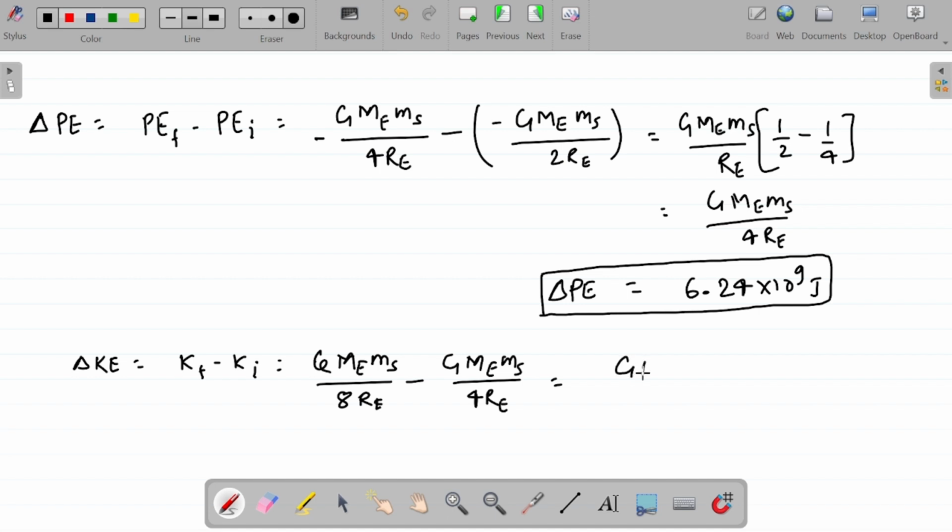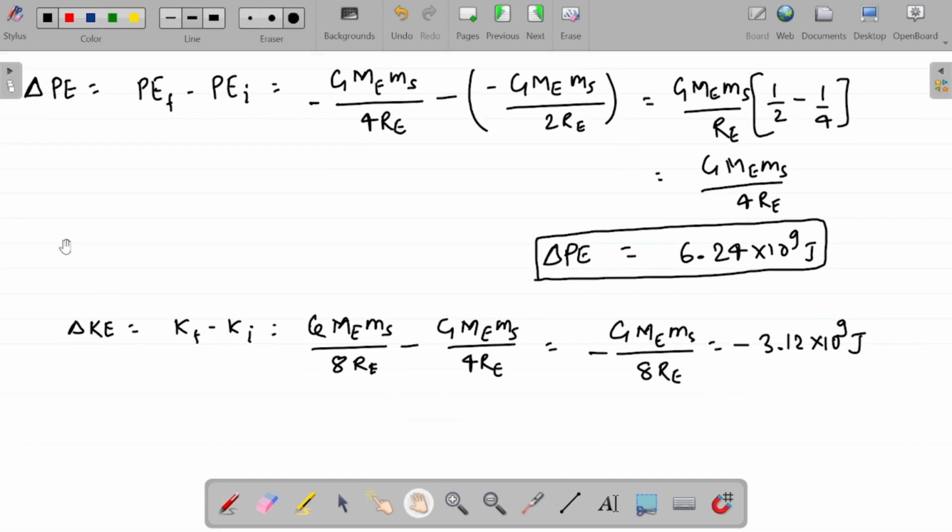This will be G ME MS by 8 RE and negative of this thing. I hope you can solve for this value here. And now, look again here. G ME MS by 4 RE, we have obtained this much, and G ME MS by 8 RE will be half of this value. So again, this is 1 by 2 of this value, and with negative sign, so it will be 3.12 into 10 to the power 9 joule.